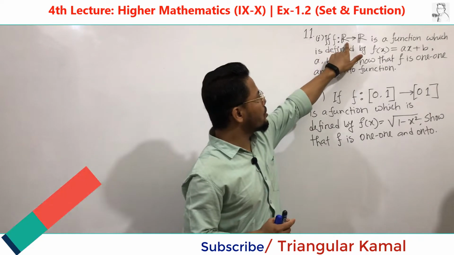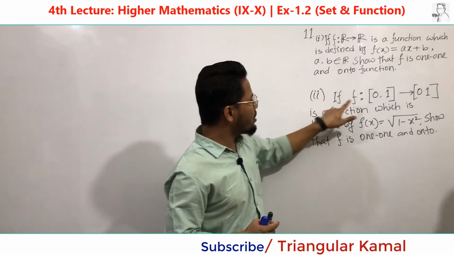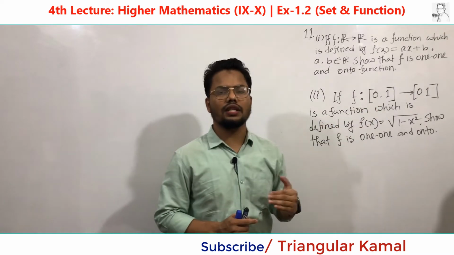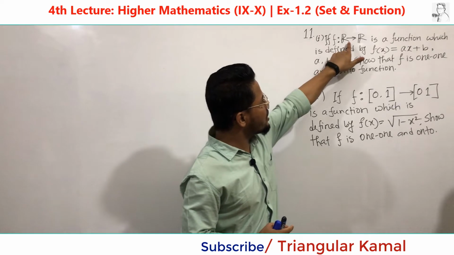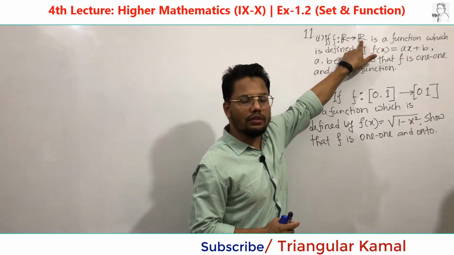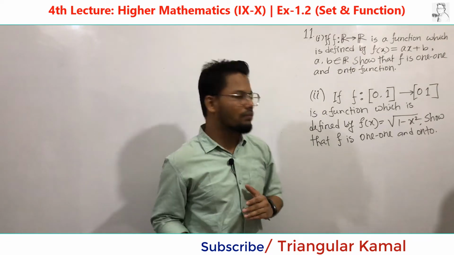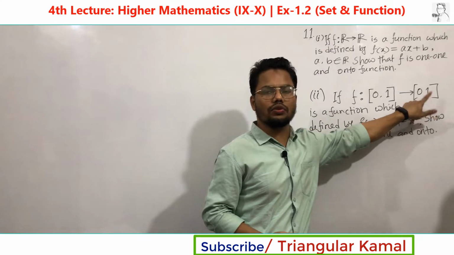This one is called an open relation or open set, and this one is called a closed relation or closed set. The given information is just the same requirement. Domain and codomain are both open, the real numbers, but here the domain is 0 to 1 and the codomain is also 0 to 1.